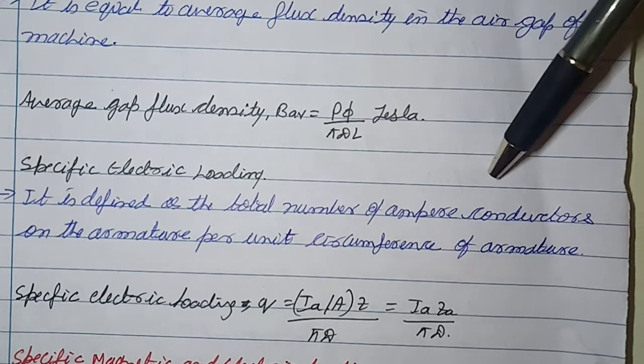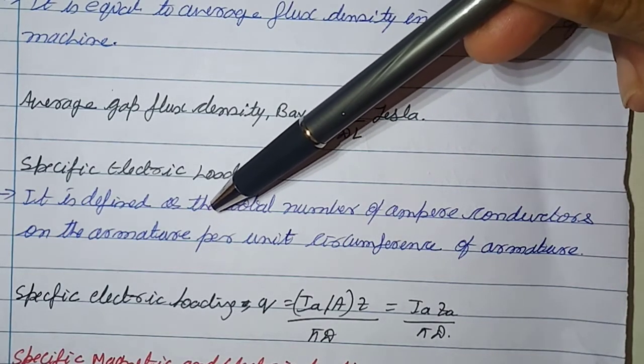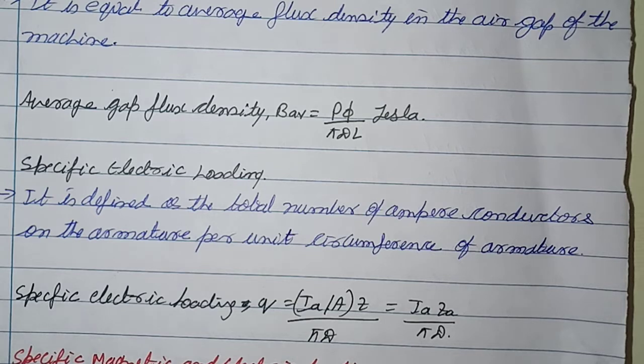That is the high value of the current that is being produced. If you can produce more in a small area, then the loading is more. That is what the meaning is.